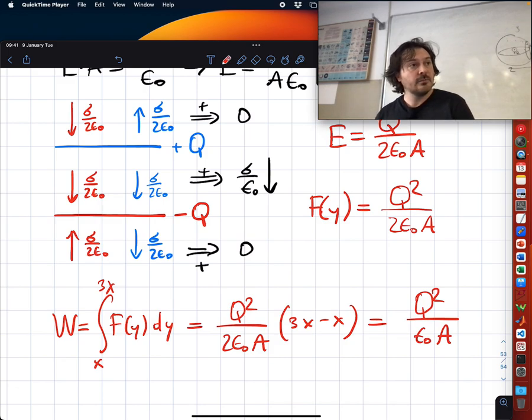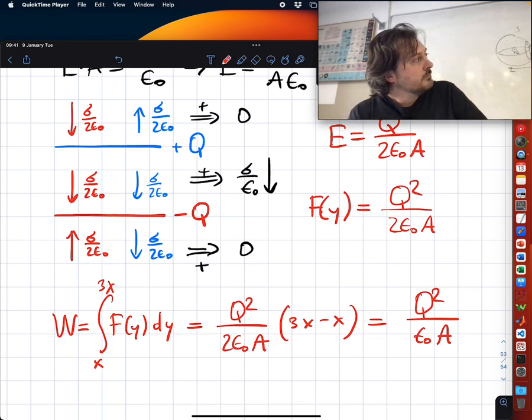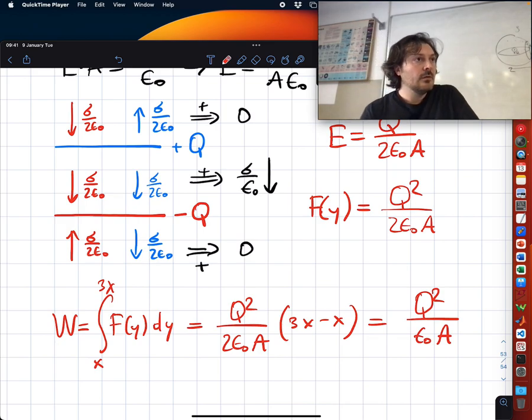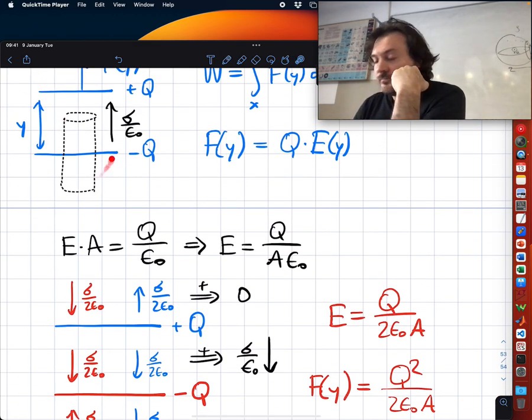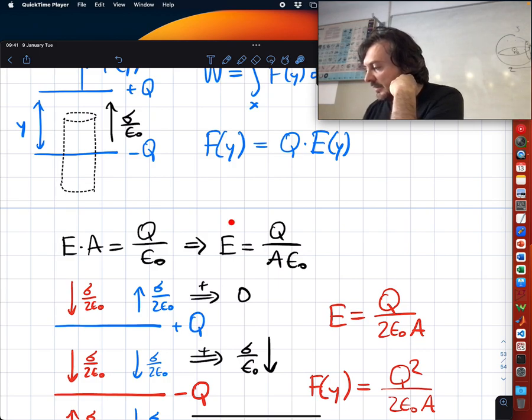Okay? Why did we find, when we just look at the one part of the capacitor, Q over A, Q over 2 epsilon 0? I mean, we use Gauss surface, then shouldn't we find it divided by 2? All right. When we used Gauss's law here, we actually found the correct answer.